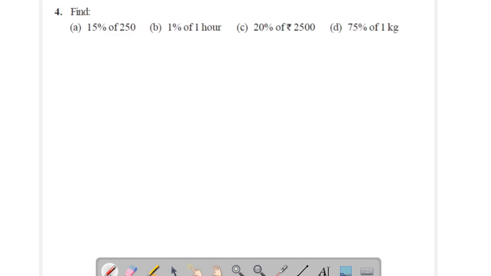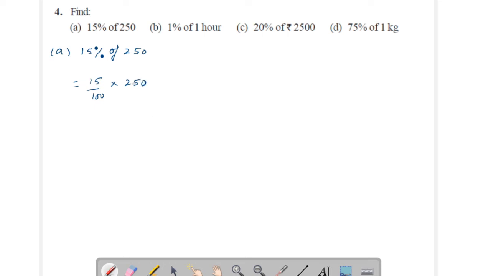Now come to question number 4. Find A part, 15% of 250. 15% means 15 upon 100, of means into 250.